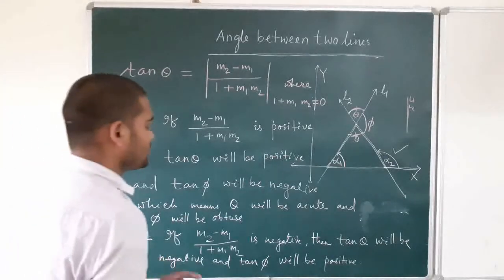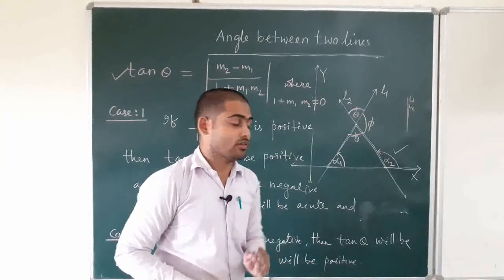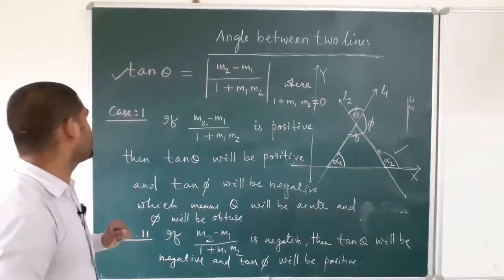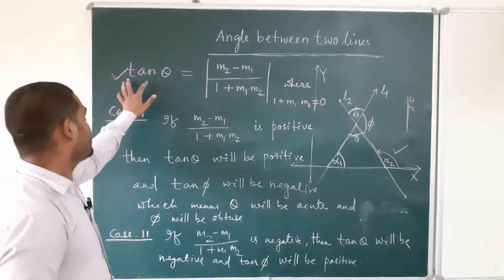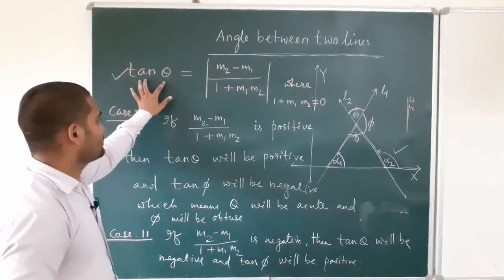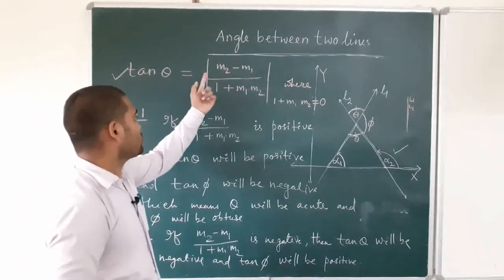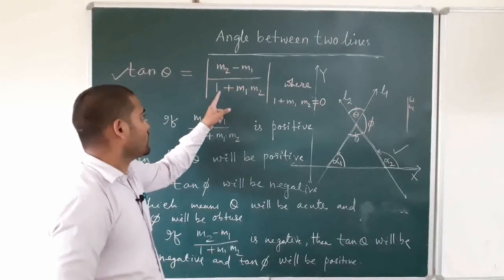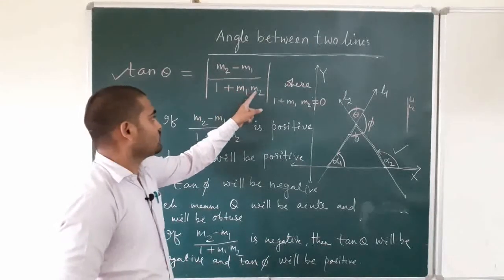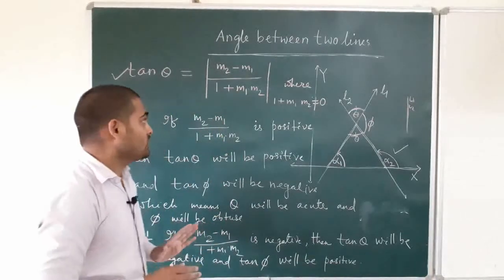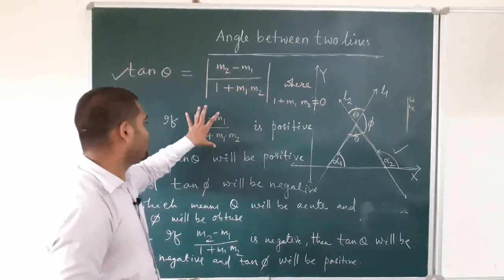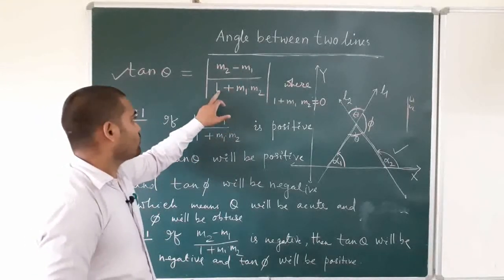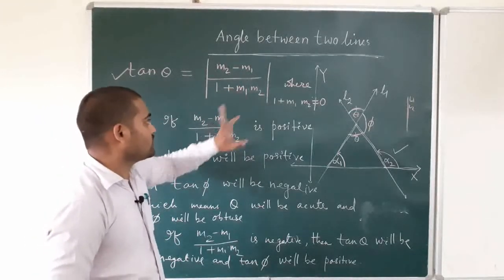Now student, you see here two cases we get. One is when tan theta means modulus of m2 minus m1 by 1 plus m1 into m2.